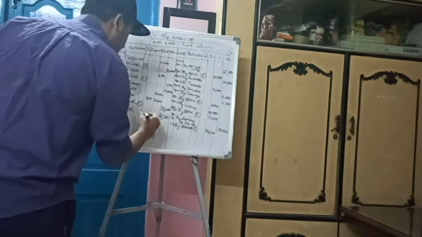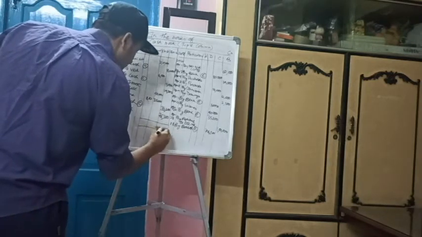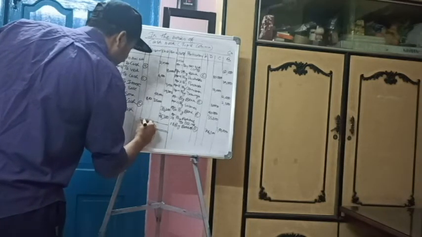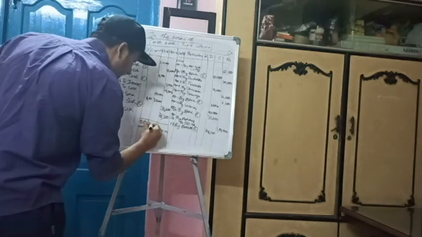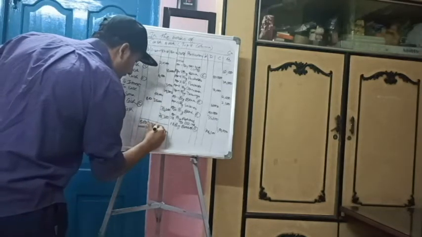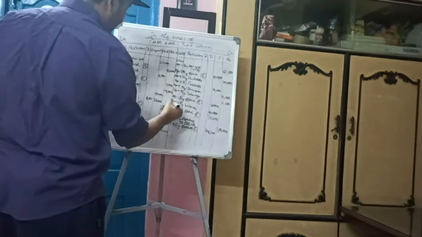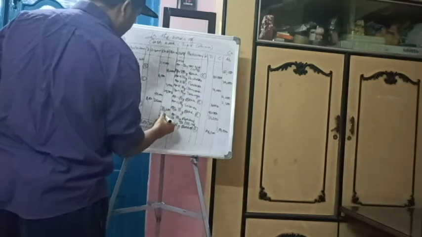The total would be, on this side, 3 lakh 3,200, and on the other side 208, 500.